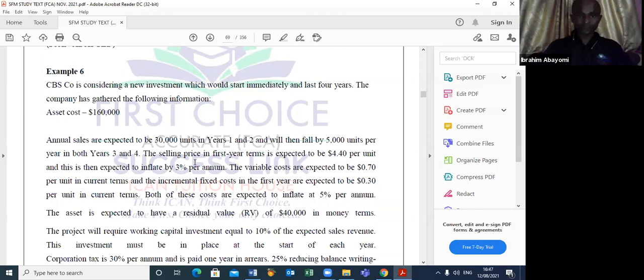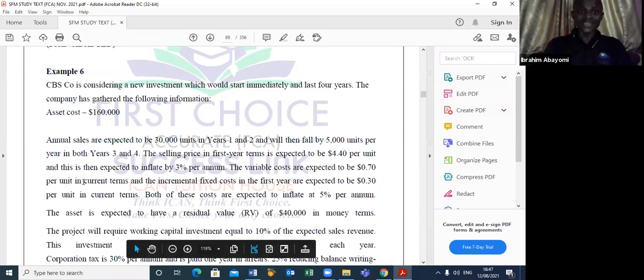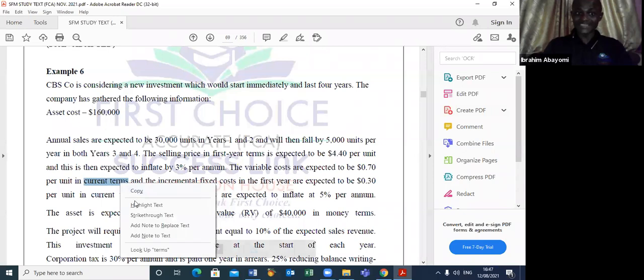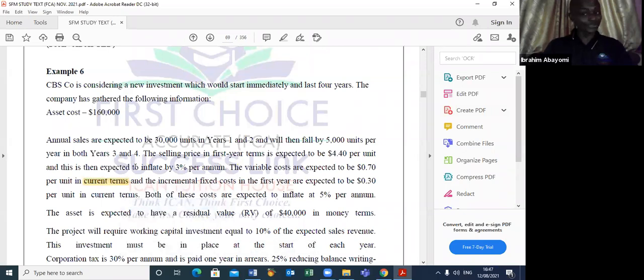The variable costs are expected to be 0.7 per unit in current term. Can you see now? In current term, the variable cost is expected to be 0.7 per unit. You can see that's what I just explained. This is now in current term, not in terms of year 1.